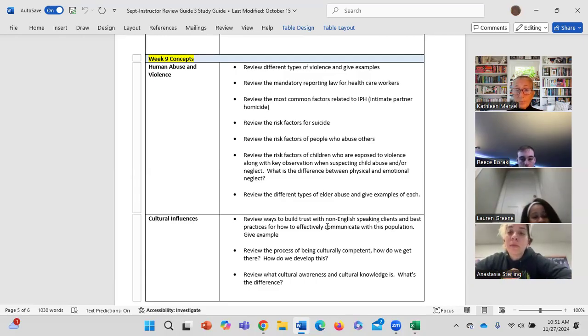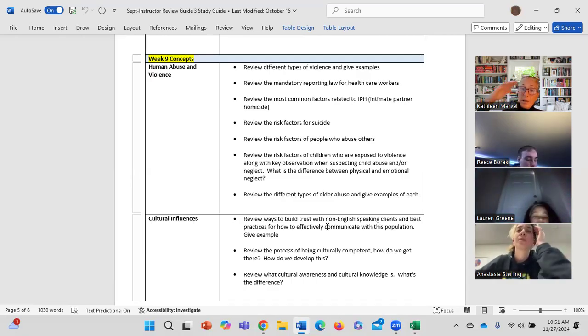Elder abuse. We talked about this in class this week. Financial abuse, emotional abuse, physical abuse, neglect. Elder abuse is on the rise. It has been steadily creeping up. It's really sad if you think about it.